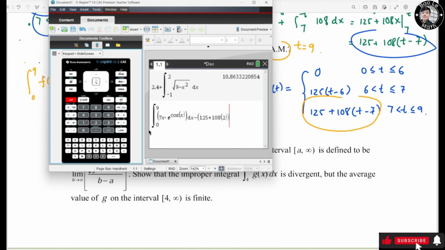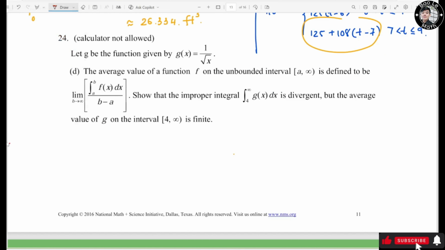Press Ctrl Enter. It's going to be 26.334.